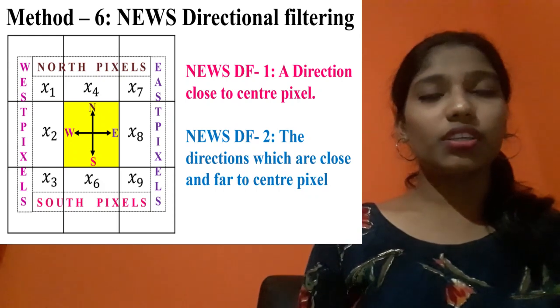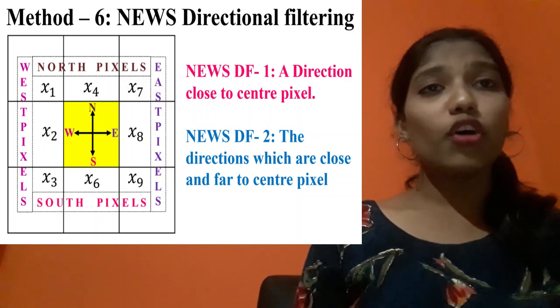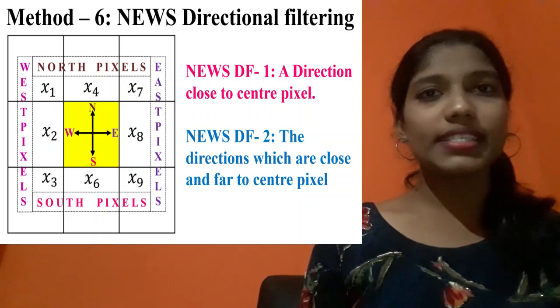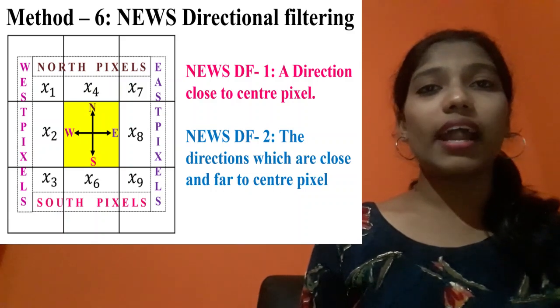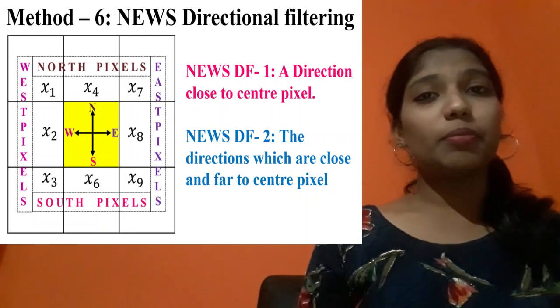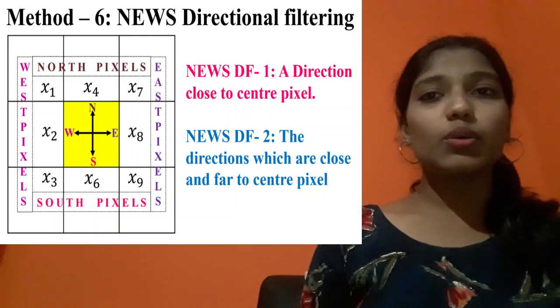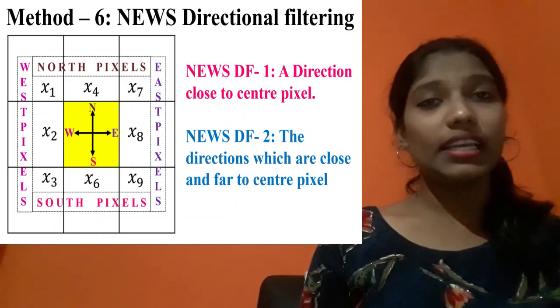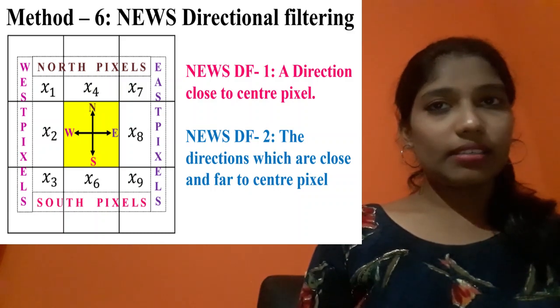In the first version, we find the direction which is closest, or least dissimilar, to the center pixel by calculating the distance between the center pixel and all pixels of each direction. Then we find the median value of those 3 pixels of the closest direction to the center pixel and replace the center pixel with it.